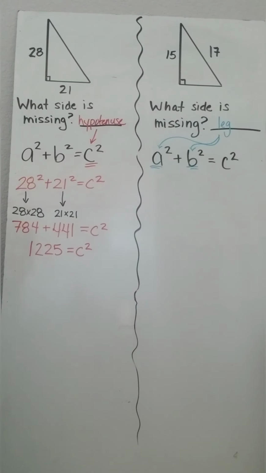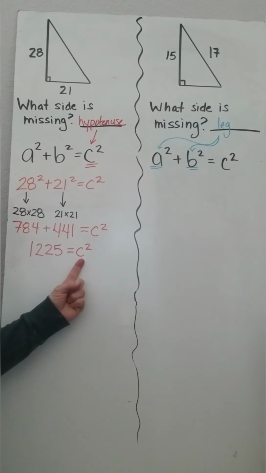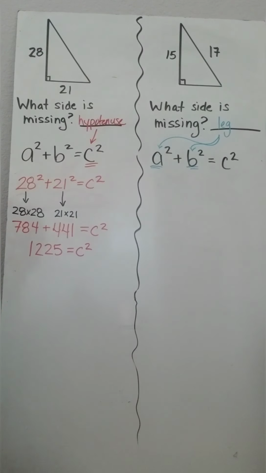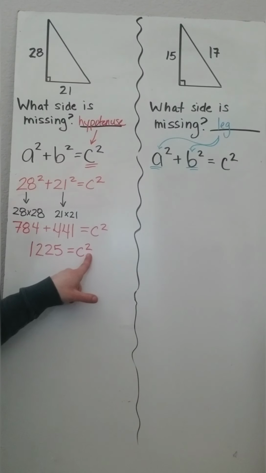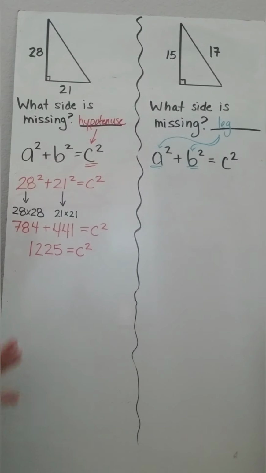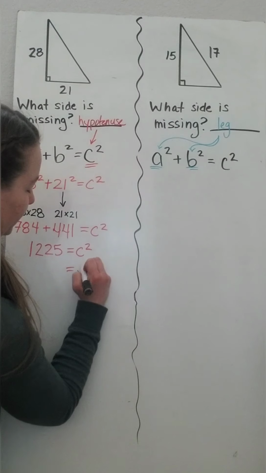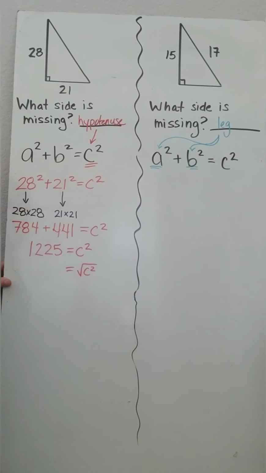Next step, we are going to have to get C by itself. This is the last step of solving these types of problems. Since C is being squared, the only way to undo that is by taking the square root of it. So we're going to be taking the square root of C squared.